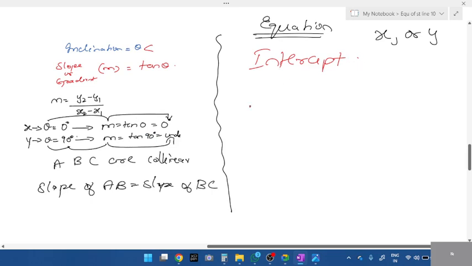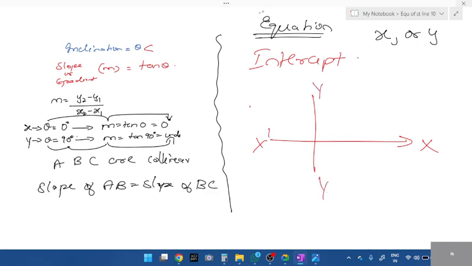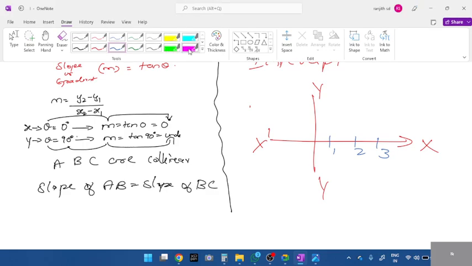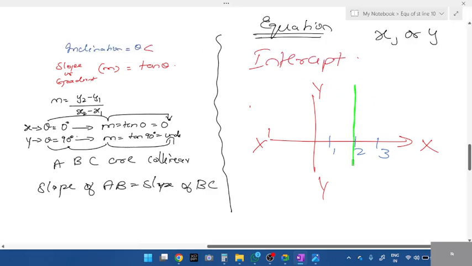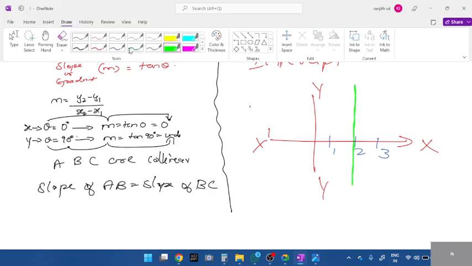See, intercept and parallel, students. If you take a line like this, x-axis, x dash, y-axis, y dash. All of you should answer 1, 2, 3. Now, if I draw a line like this, this line is touching which point? All of you respond.